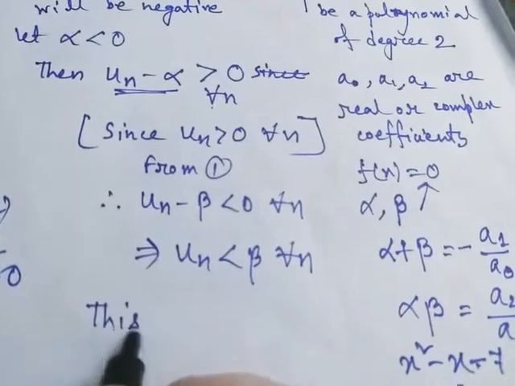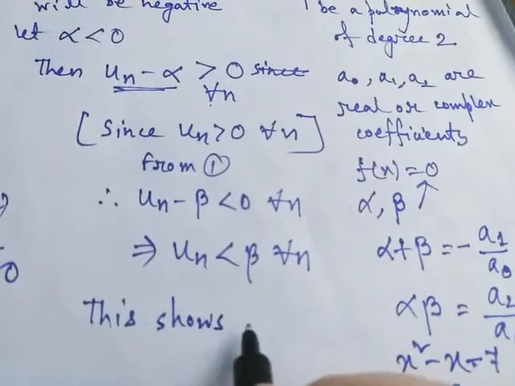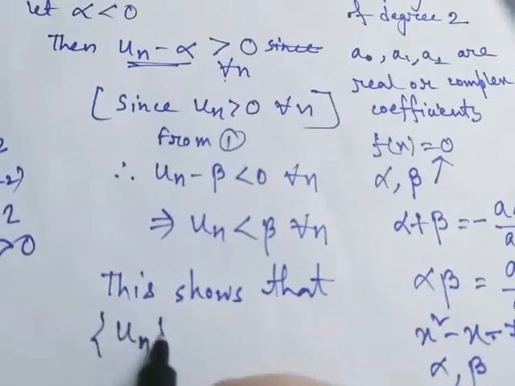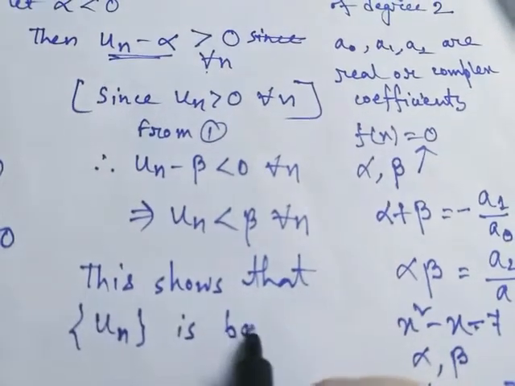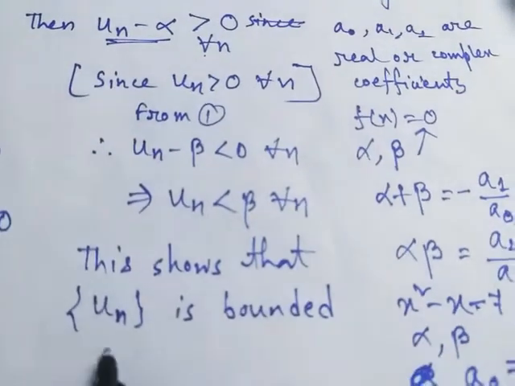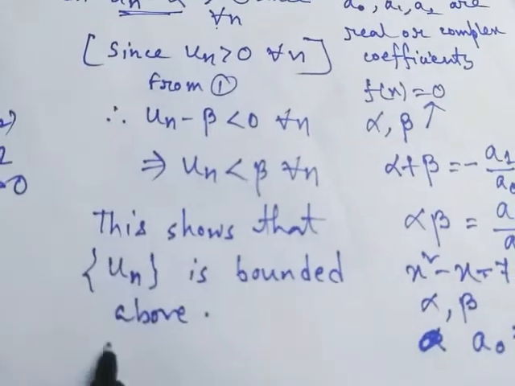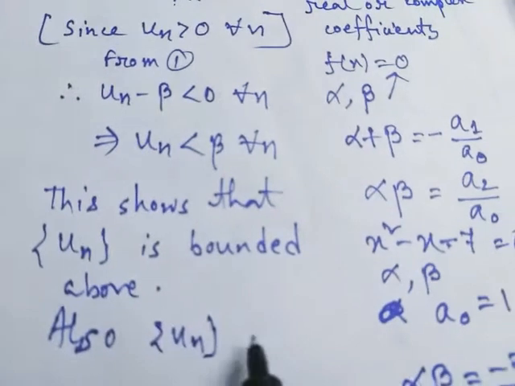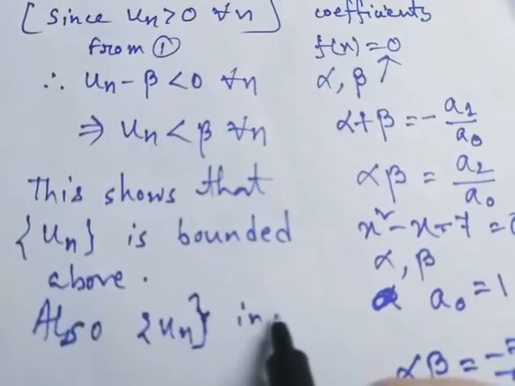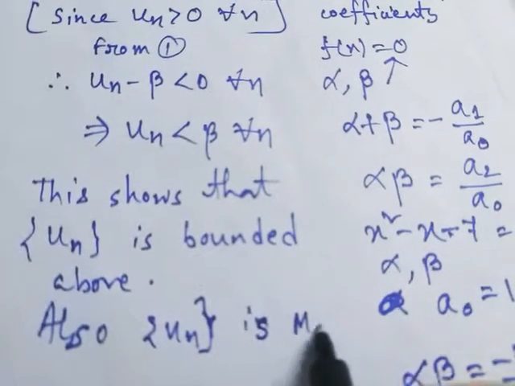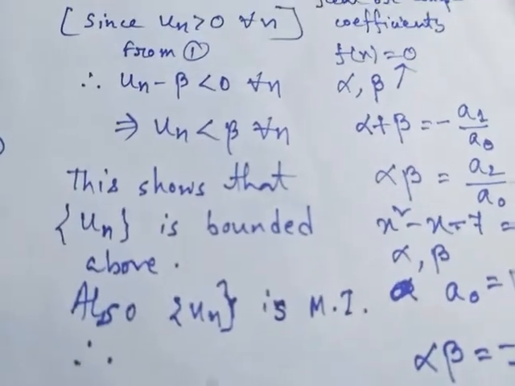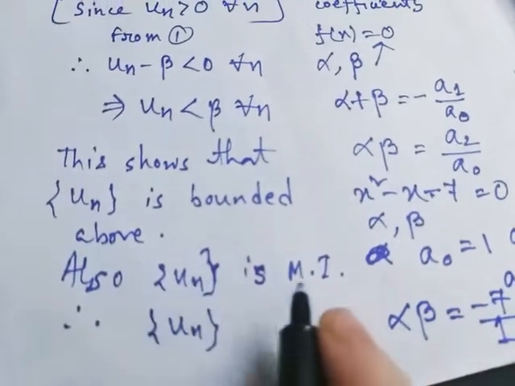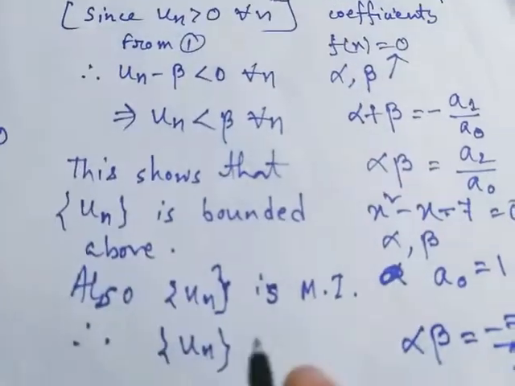This shows that the sequence u_n is bounded above. Also, the sequence u_n is monotonically increasing. Therefore, the sequence u_n is convergent, because if a sequence is monotonically increasing and bounded above, then the sequence is convergent.